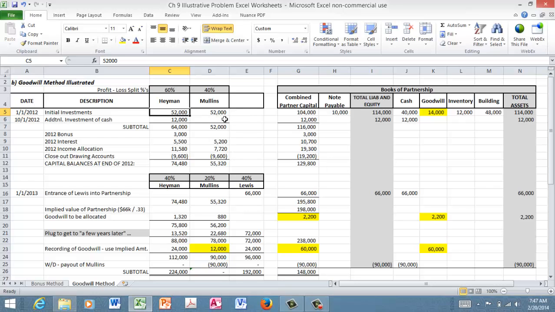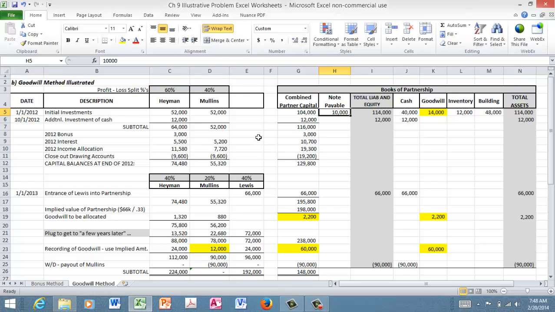What happened with Mullins' capital? We know we're going to have this equal split here, $52,000 each, but what did Mullins bring to the table? We know there was a building that had an appraised value of $48,000 encumbered by a note payable of $10,000, and therefore the net of what Mullins brought was $38,000.